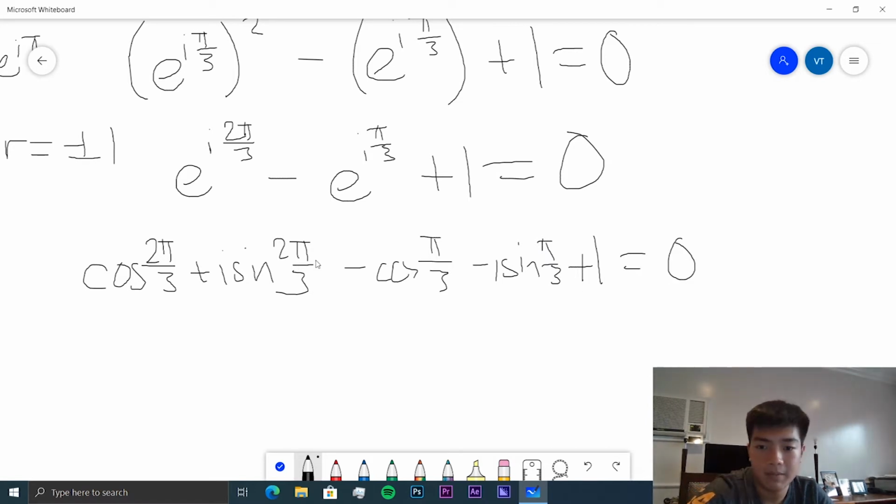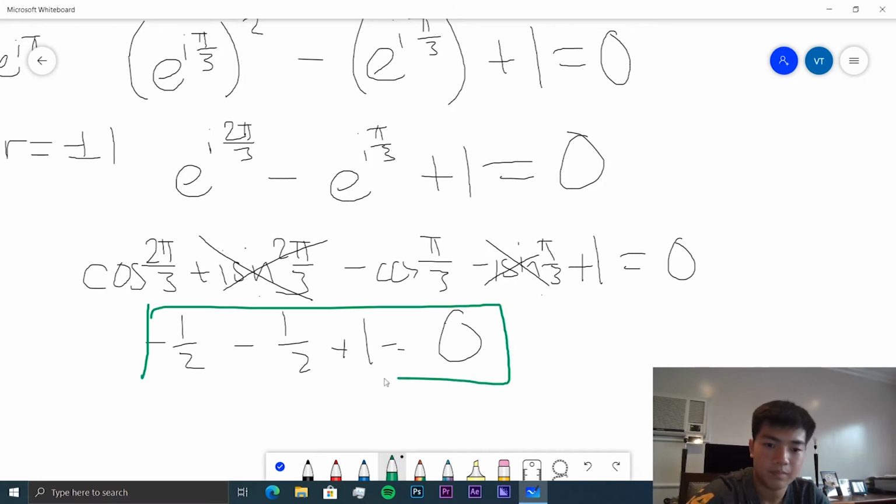What can we get from this? Well, we know that i sine 2 pi over 3 and i sine pi over 3 are equal, so we can cancel these out. Cosine 2 pi over 3 is negative 1/2, minus cosine pi over 3, negative 1/2, plus 1 is equal to 0. So of course it is a solution.